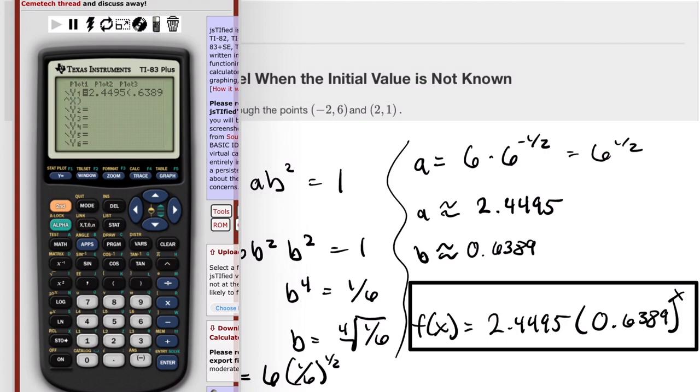That should be fine. And then I want to evaluate that. When x is -2, we should get something close to 6. Okay, that's close enough for me. And then when x is +2, we should get something close to 1. And that's close enough for me.